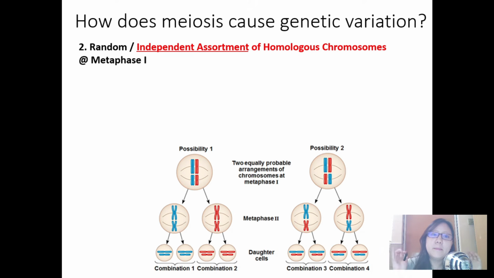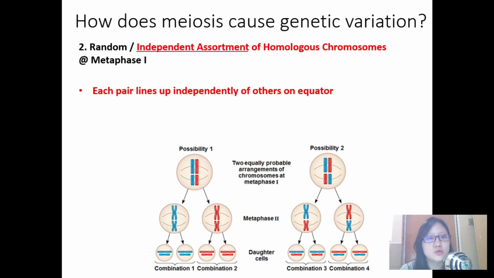Okay, it is a major reason for genetic variation, and this happens at metaphase I. This here is an independent assortment of homologous chromosomes, where each pair lines up independently of other chromosomes on the equator. So you can see here there are two possibilities of arrangements.